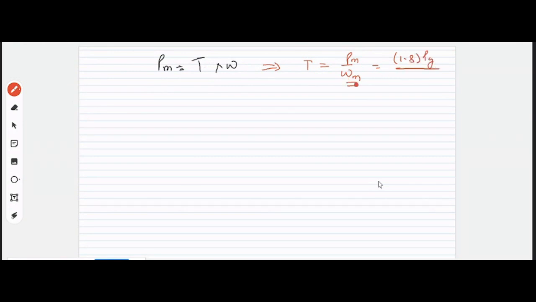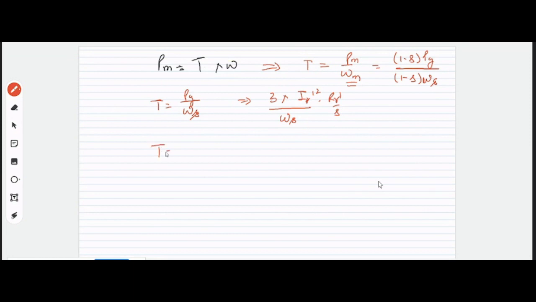Similarly, your omega M, the mechanical speed, and the synchronous speed have a relation: omega M is equal to 1 minus S of omega S. So we can write that this torque can also be calculated as PG by omega S. We have just calculated that PG is 3 times I2' squared into R2' by S. If we divide it by omega S, we get the value of torque. This will be the expression for the torque, right?